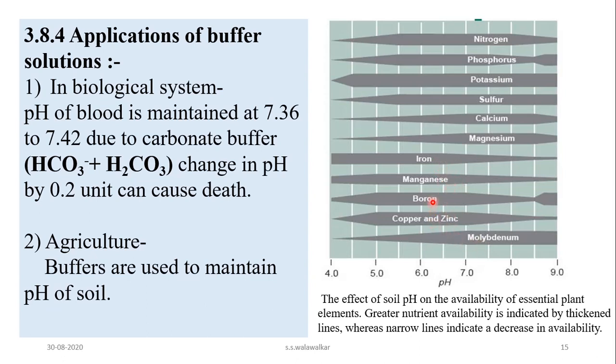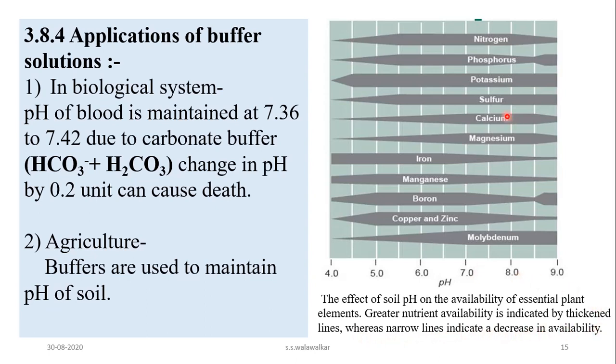So copper, zinc, boron, manganese, iron are available when soil is slightly acidic, whereas calcium, magnesium, sulfur, phosphorus, nitrogen are available at a slightly basic pH, if the soil has a basic pH. So, in the effect of soil pH on availability of essential plant elements, greater nutrient availability is indicated by a thickened line, whereas narrow lines indicate a decrease in availability.